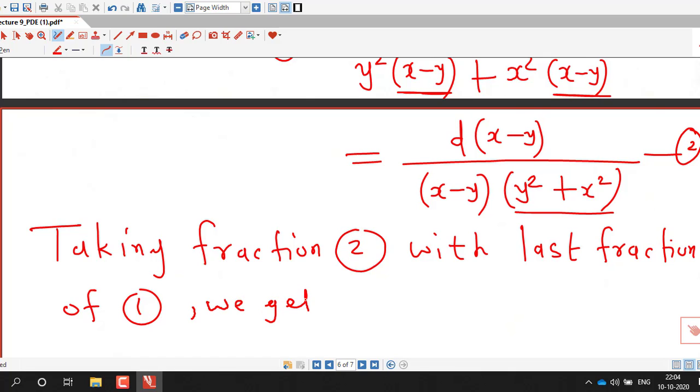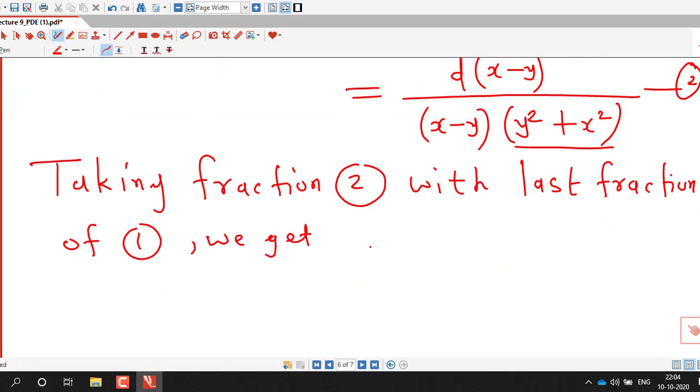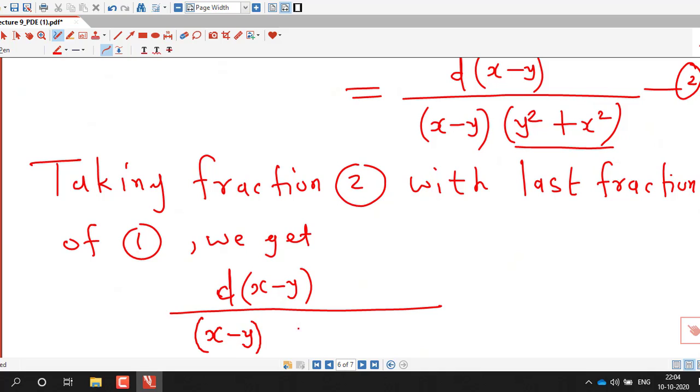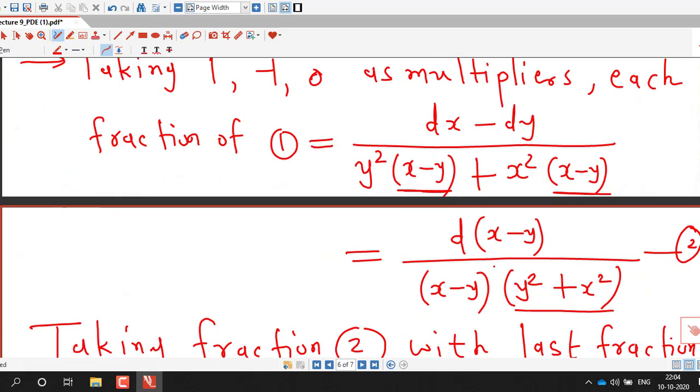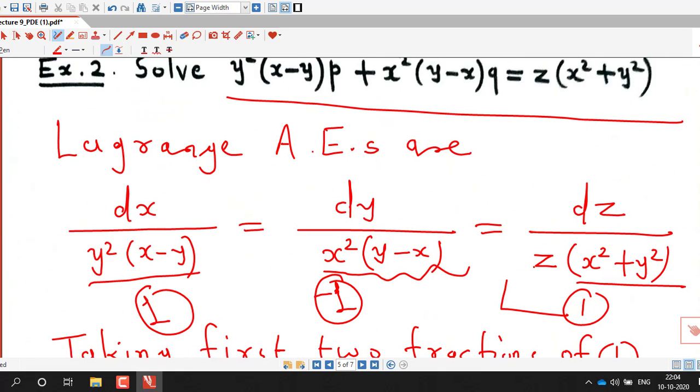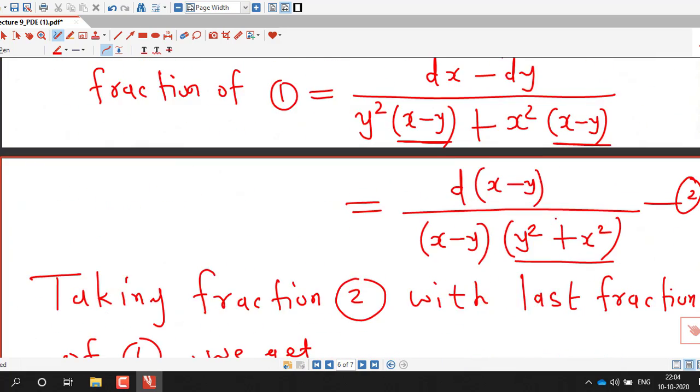Fraction 2 is d of x minus y divided by x minus y into x square plus y square, and the last fraction of equation 1 is dz upon z into x square plus y square.